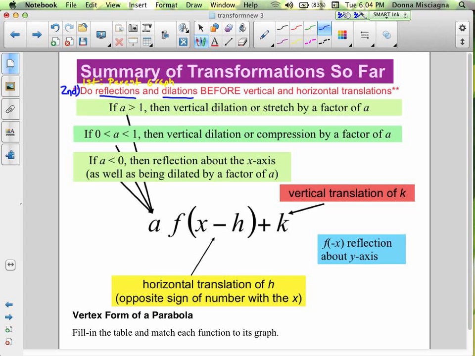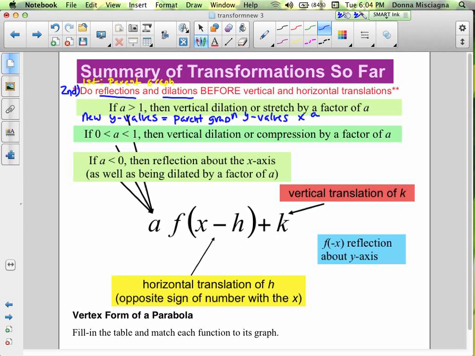So the new y values equal the y values on the parent graph, and then multiplied by A, whatever A is.